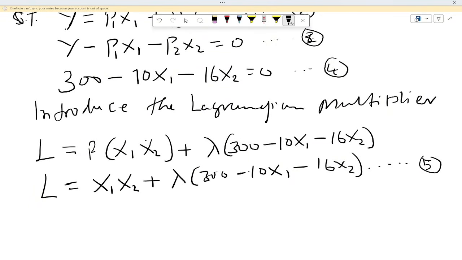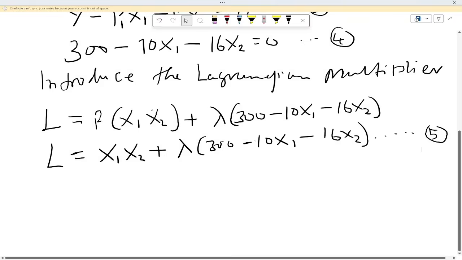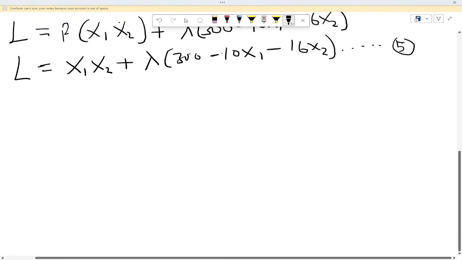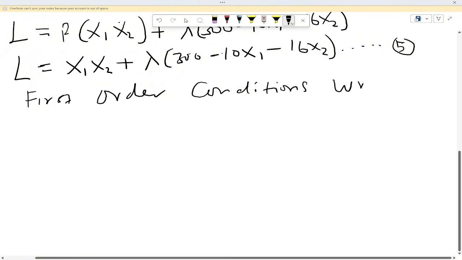Now, if this is your equation 5, the next thing you are expected to do is to take the first order condition with respect to x1, x2, and lambda.